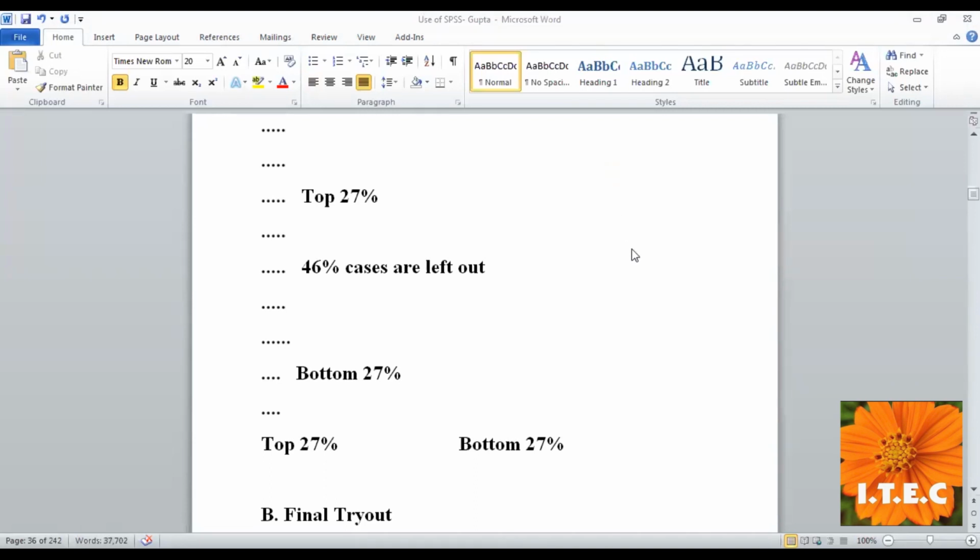Which reference are you talking of? You can see the Garrett book, Statistics for Education and Psychology by Garrett. Now, any other question, any other participant would like to ask?